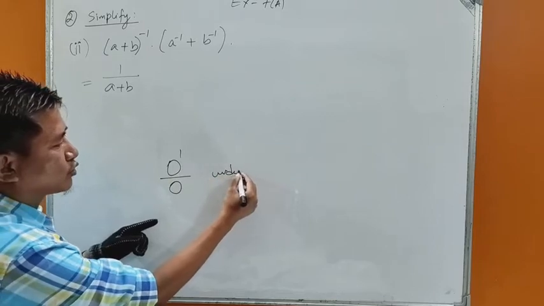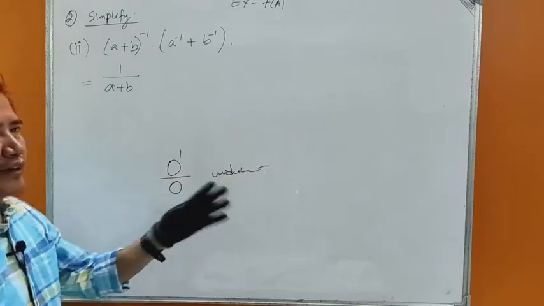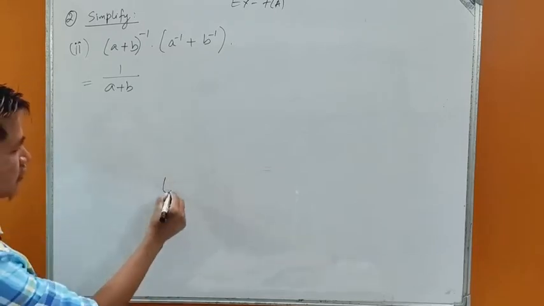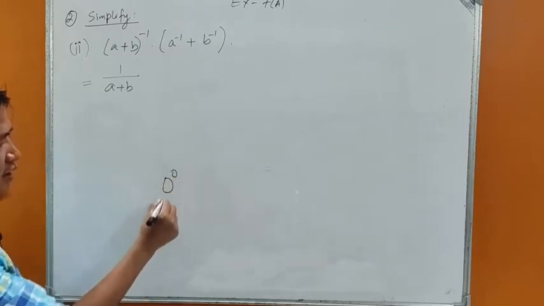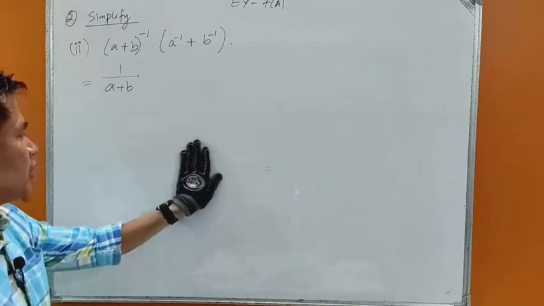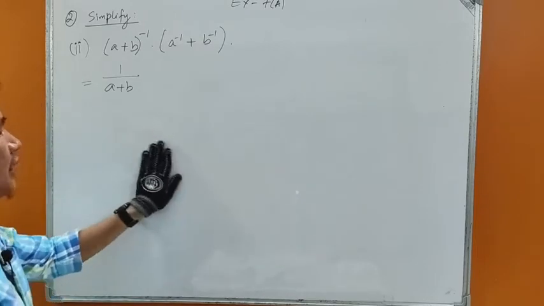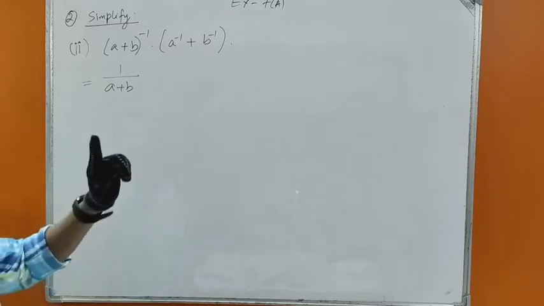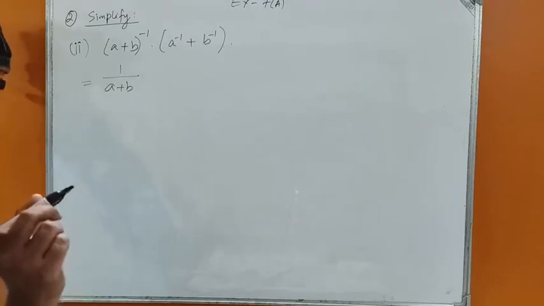You don't know the value of this number, undefined. So if you write 0, the power is always 1, there is never the power 0. 0 to the power 0 means undefined. So even if you write 0, you should understand there is 1 in the denominator and the power of that 0 is 1. Okay, I hope you got me.